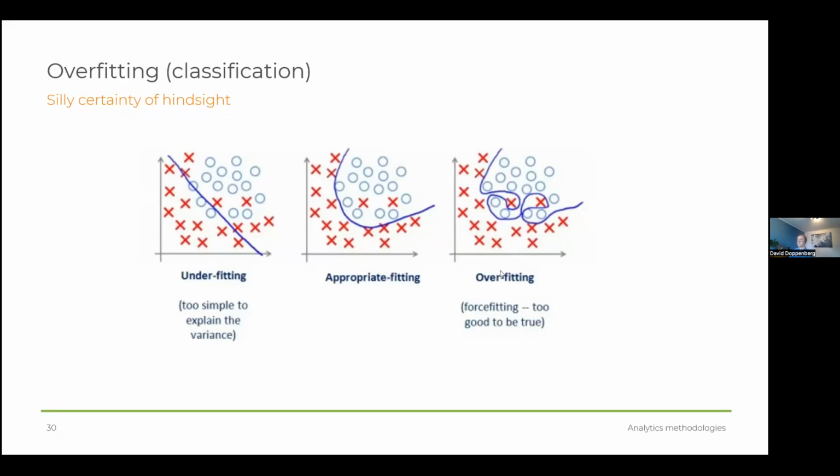So we want high sensitivity, even though we might get some false positives, cases classified as positive when they are not, just because the disease is very serious.